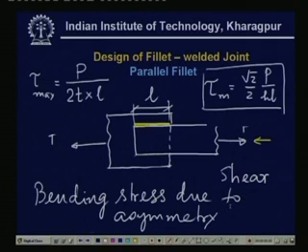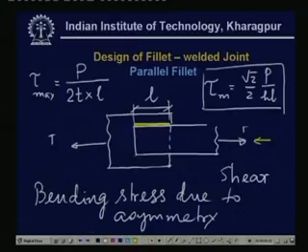That is what we do not want, because if we have bending stress, then that may be very large, because the cross section area and the sectional modulus are so small that the bending stress becomes very large and the material or the joint may fail. So, we want to avoid that. We want the joint to be symmetric, so that no bending stress is developed in the weld joint.